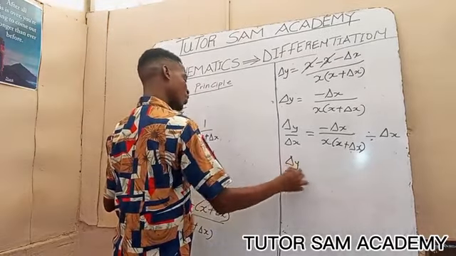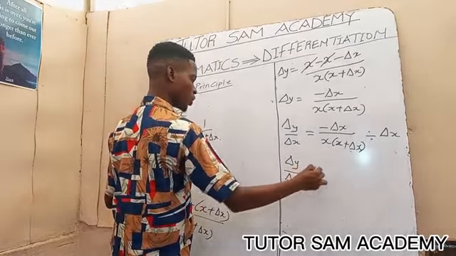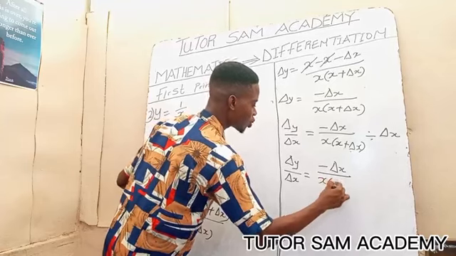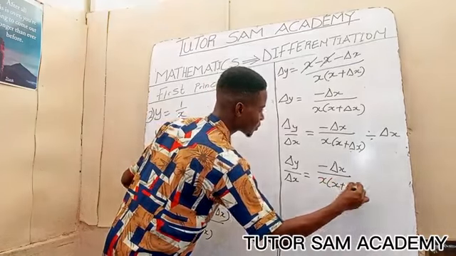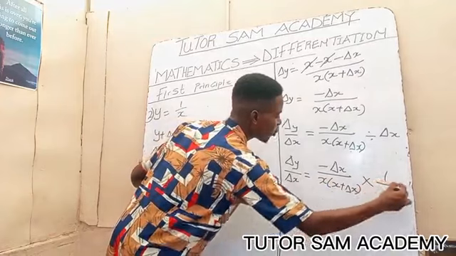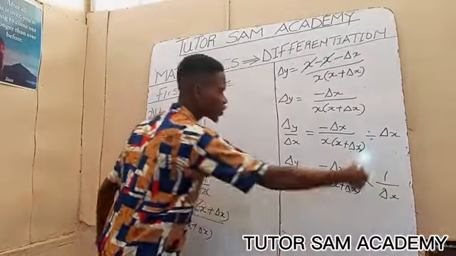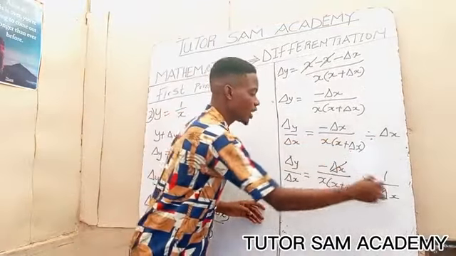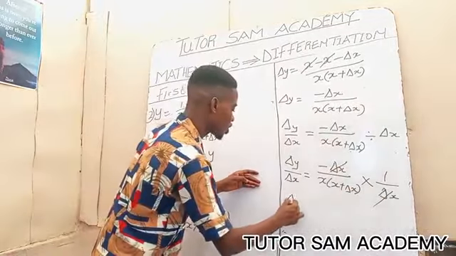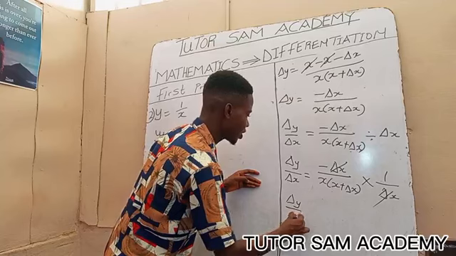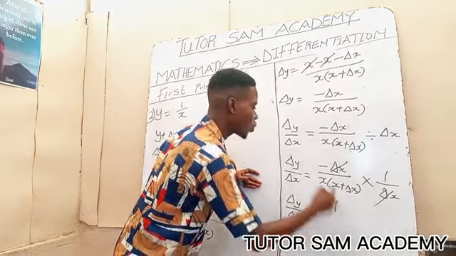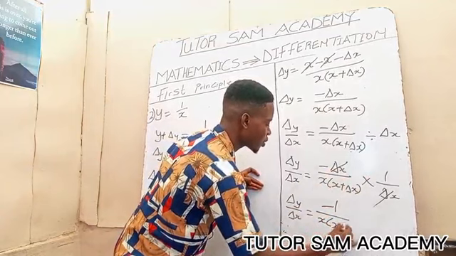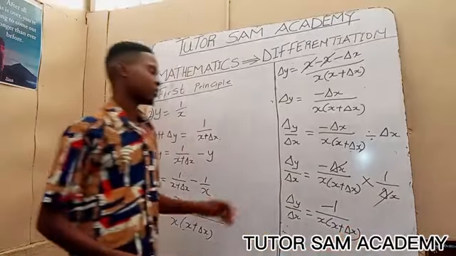So change in y over change in x is equal to minus change in x all over x into x plus change in x, multiplied by 1 over change in x. When you are changing division to multiplication, you take the reciprocal of this. So this will cancel this. I'll be left with change in y over change in x equal to minus 1. Minus multiplied by 1 gives us minus 1, over x into x plus change in x.